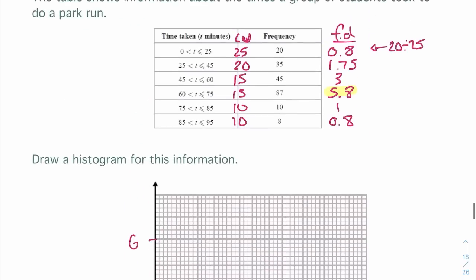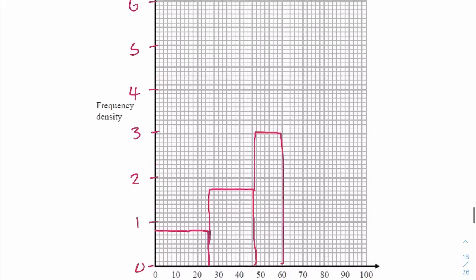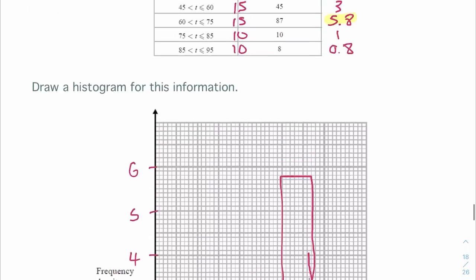Almost done. The next one goes up to 5.8, that goes to 75. So 75 goes all the way up to 5.8. Never going to get this drawn perfectly, but I'm going to try just to go a little bit quicker. There we go. Obviously, you want to make sure you use a ruler and a pencil.